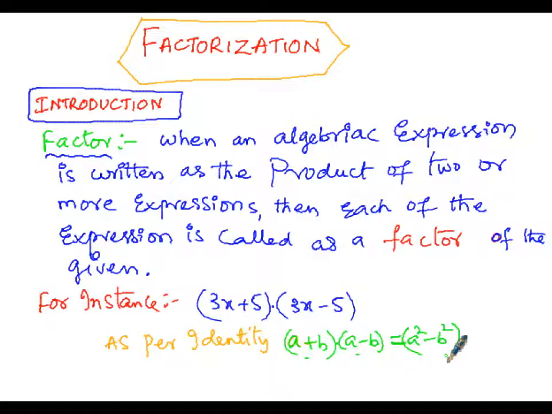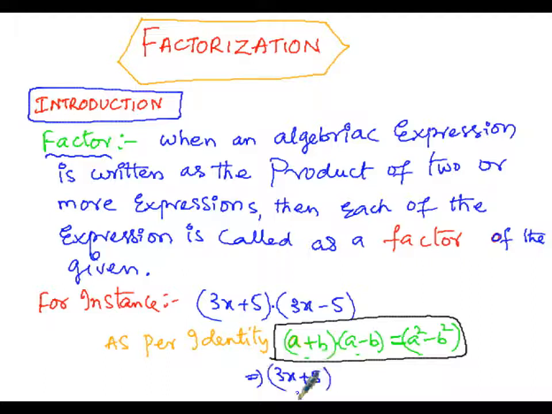In a similar manner, by utilizing this identity, we are going to write the product of 3x plus 5 into 3x minus 5. That implies, here a stands for 3x and b stands for 5.